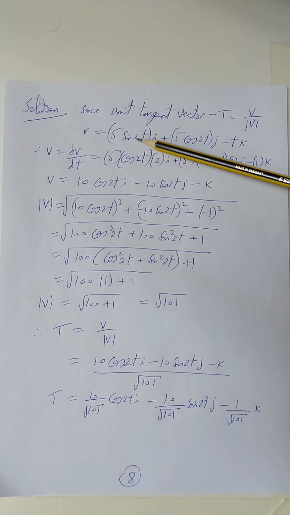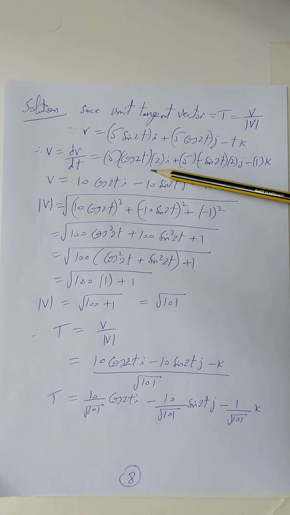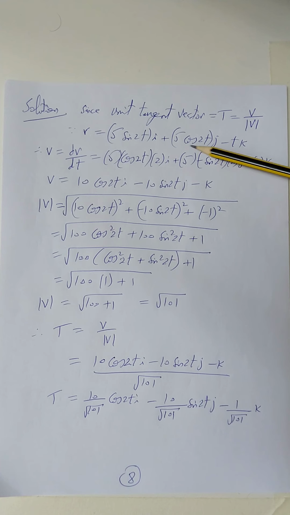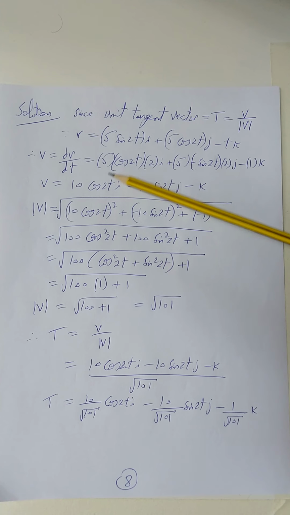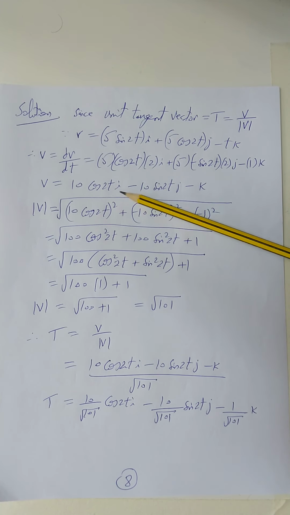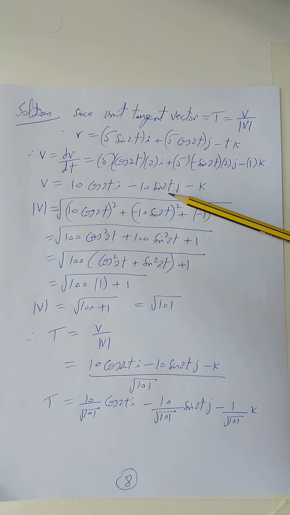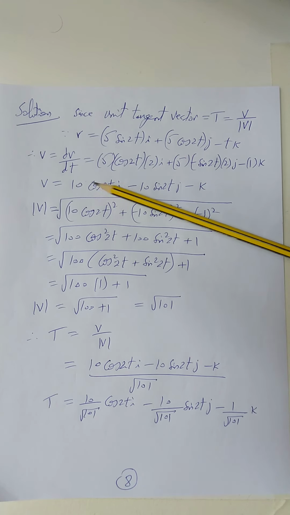The derivative of sin 2t is cos 2t times 2, and the derivative of cos 2t is minus sin 2t times 2, and the derivative of t is 1. Simplifying, 5 into 2 is 10 cos 2t i, minus 10 sin 2t j, minus k. This is your velocity.